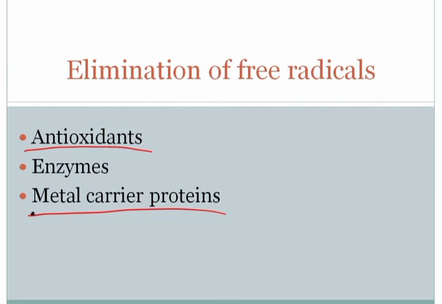And so the way by which the body handles that is to have metal carrier proteins, for example, transferrin in the blood, which tightly binds iron to deliver it to the liver and the macrophages. And you know that when iron is bound in macrophages or within the liver, it's tightly bound to a molecule called ferritin. So these metal carrier proteins basically hide away the metals so that free radicals are not generated.